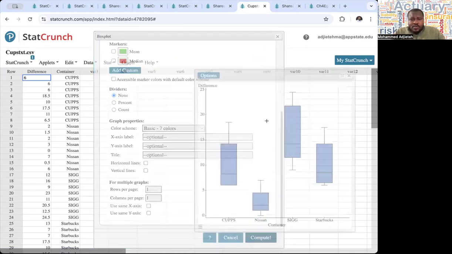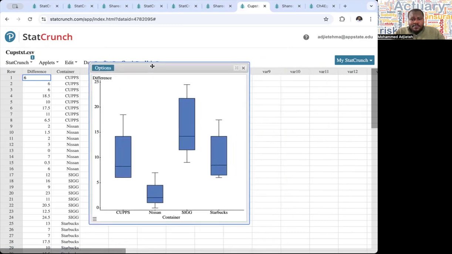And then we hit compute. So now that we've been able to construct a box plot, the question is, what can we say about the effectiveness of these plots? So now look at this and think about it for a minute. Remember, the data is a difference, right?